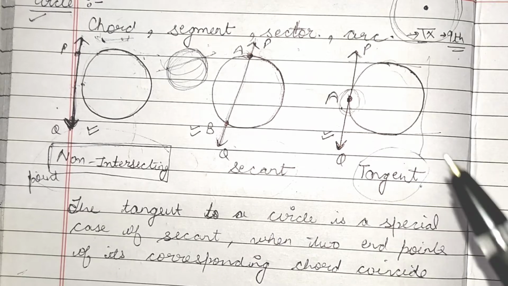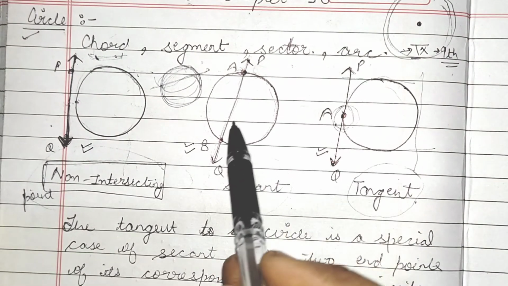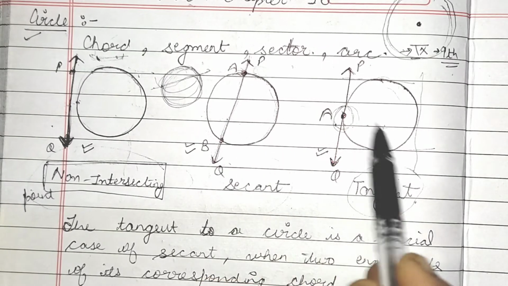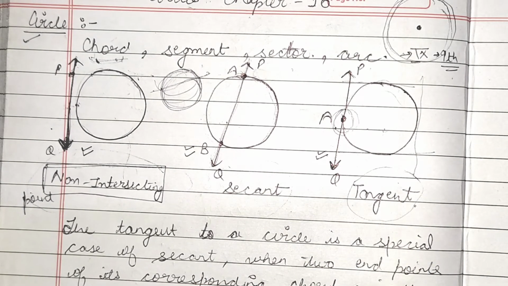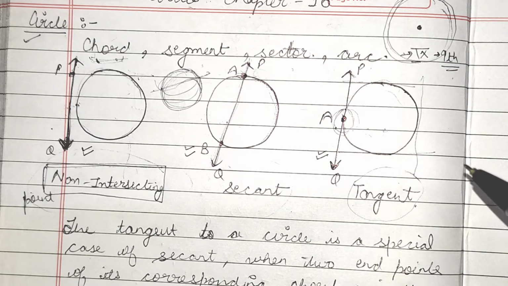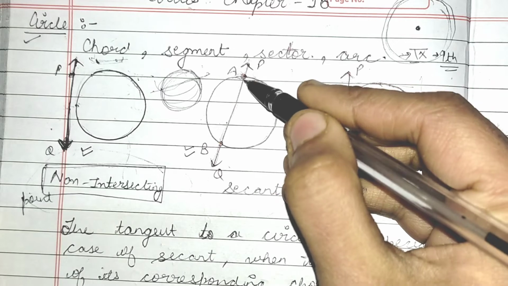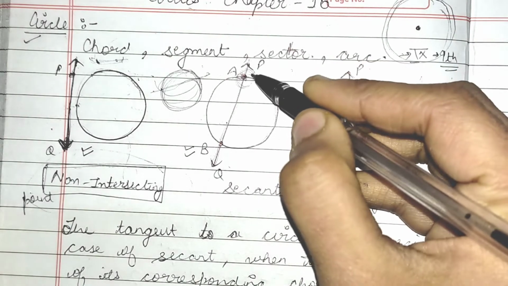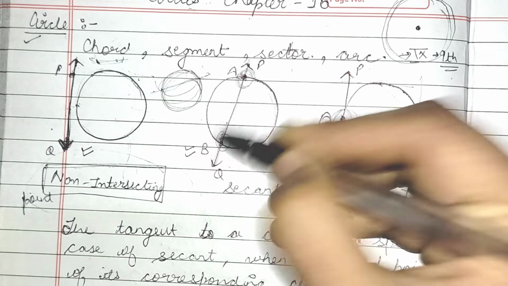Now, what else can I say about the relation between secant and tangent? Is there any relation between them? Yes, secant and tangent are related to each other. See, right now the secant is touching the circle at 2 points.